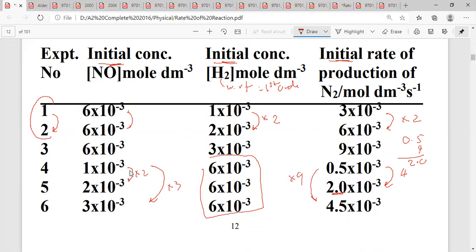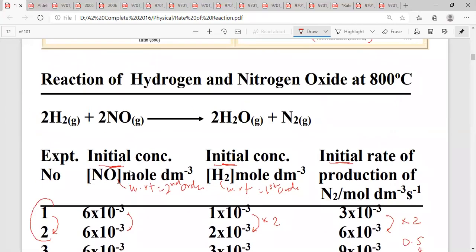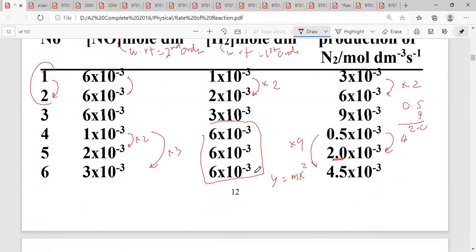So this is y equals mx squared, so this is second order with respect to this one. This actually came out in your past question, but it's very simple. Just use the graph, the mathematical way.